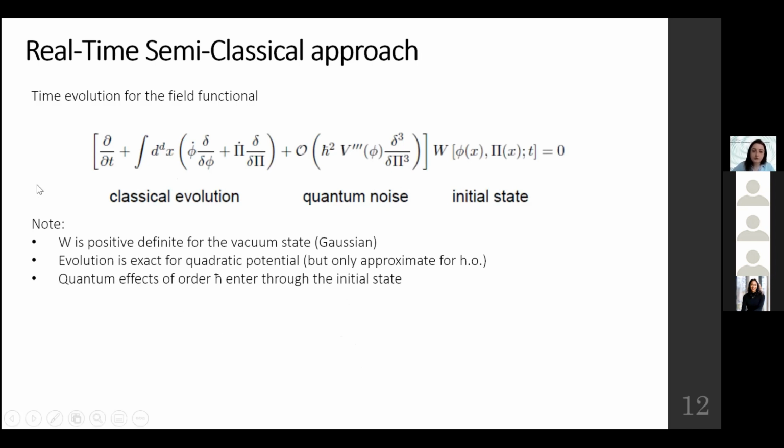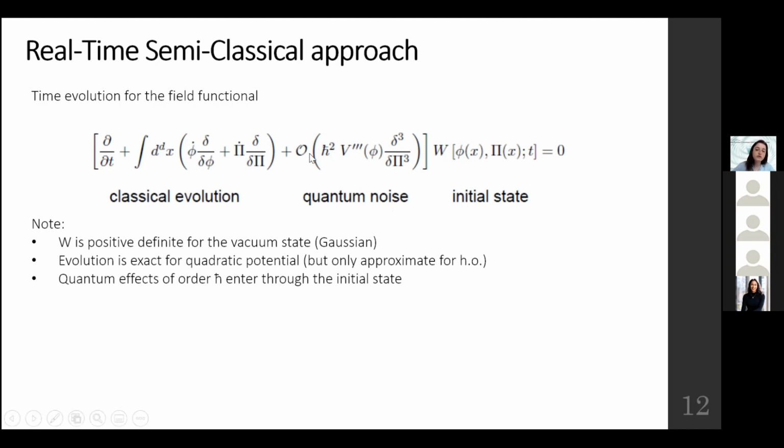So the time evolution master equation looks like this. The initial state is this Wigner functional here. It encodes the leading quantum perturbations. The classical evolution is given by the classical equation of motion, whereas the higher order terms would be included as a perturbation series.